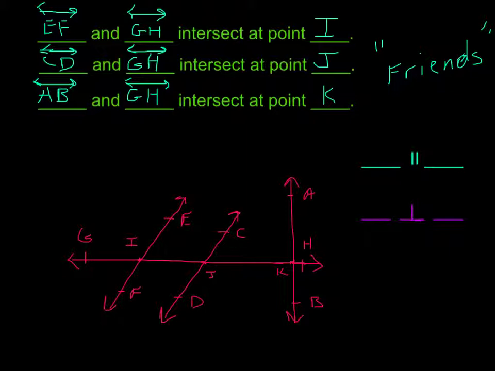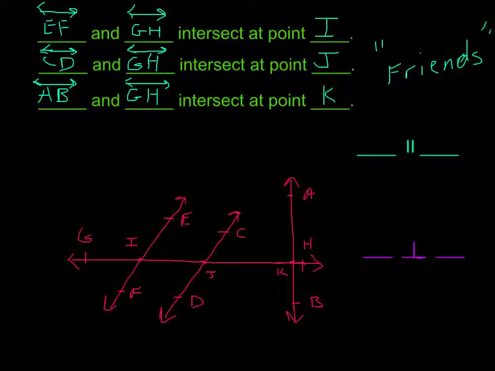Our next one here, we have our parallel lines. Our parallel lines right here are what we like to call the enemy. I'd mentioned that a little bit before, how we called that our enemy.